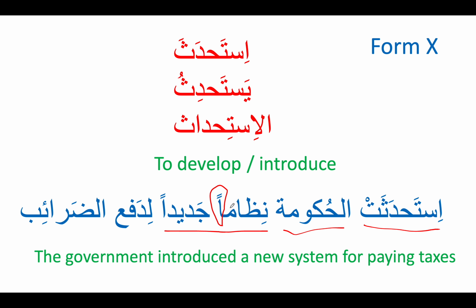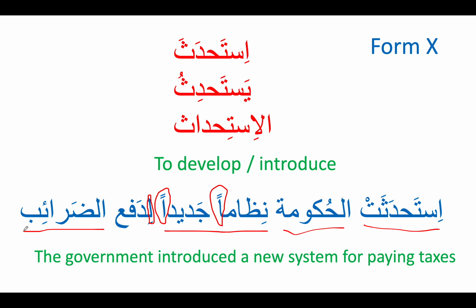A new system, so it's the object. And that's why it has the fatha tanwin. And the adjective is agreeing with the noun, so that's why it also has the fatha tanwin. And then li means for or in order to. And then the masdar of دفع يدفع, to pay. دفع, paying. الضرائب is taxes, okay?